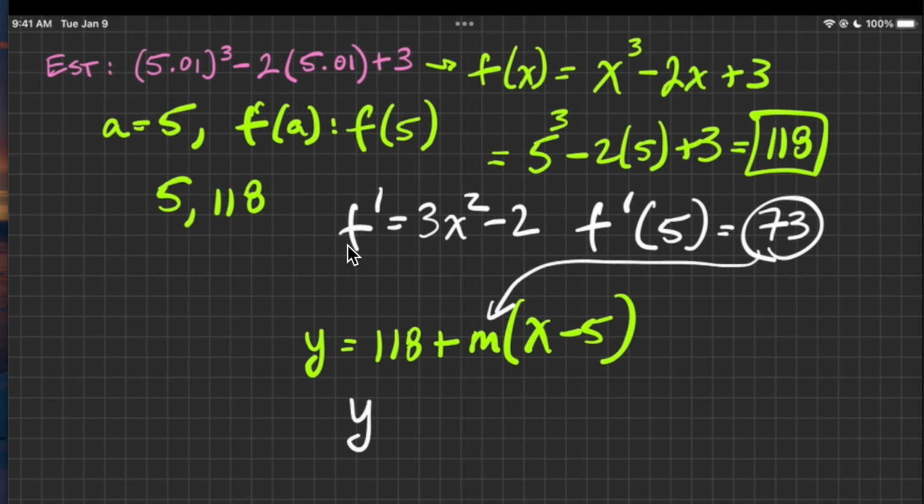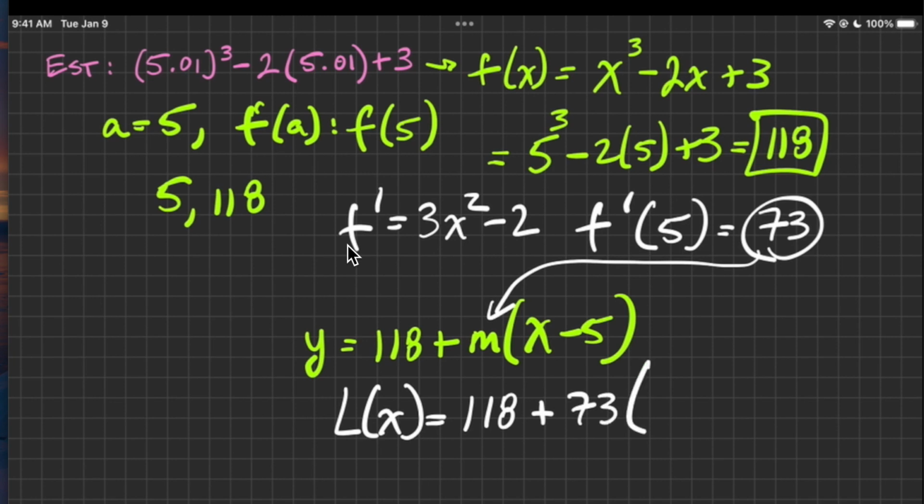So we're going to have as our L of x function, okay, forgot to write that, L of x is going to equal 118 plus 73 times x minus 5. Now, no matter what x value they throw at us, we can get an estimate on L of x that we believe will be close to the original function at that difficult x value.